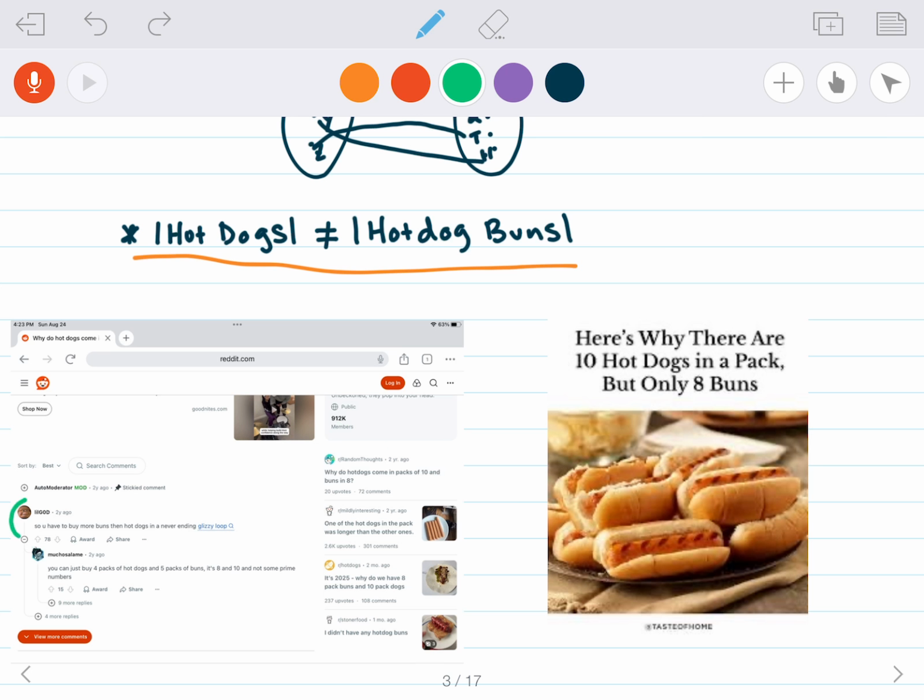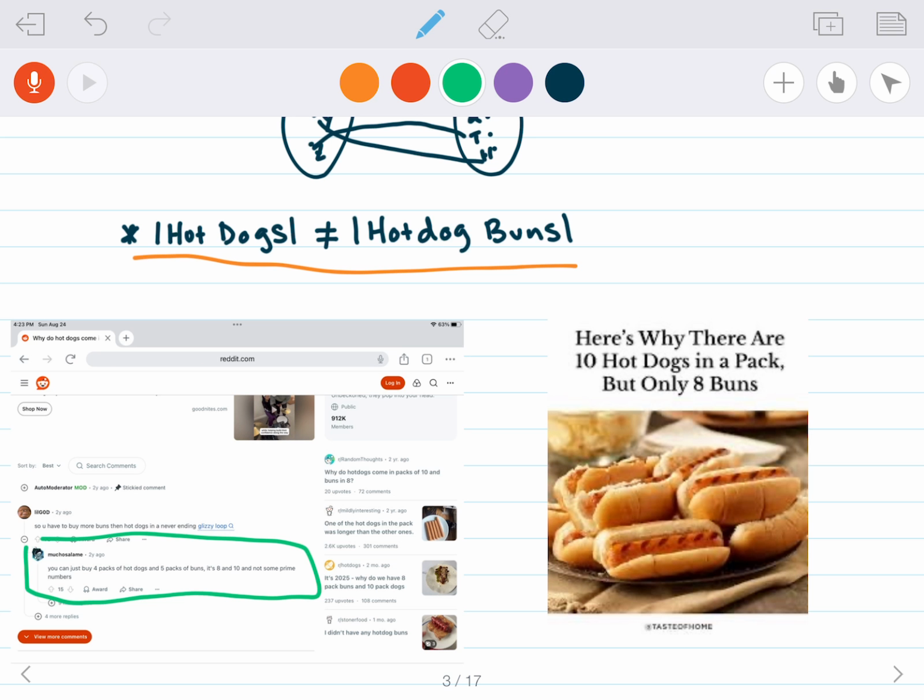And so, this person says you have to buy more buns and hot dogs in a never-ending loop. And this person says you can just buy 4 packs of hot dogs and 5 packs of buns. It's 8 and 10, not some prime numbers.